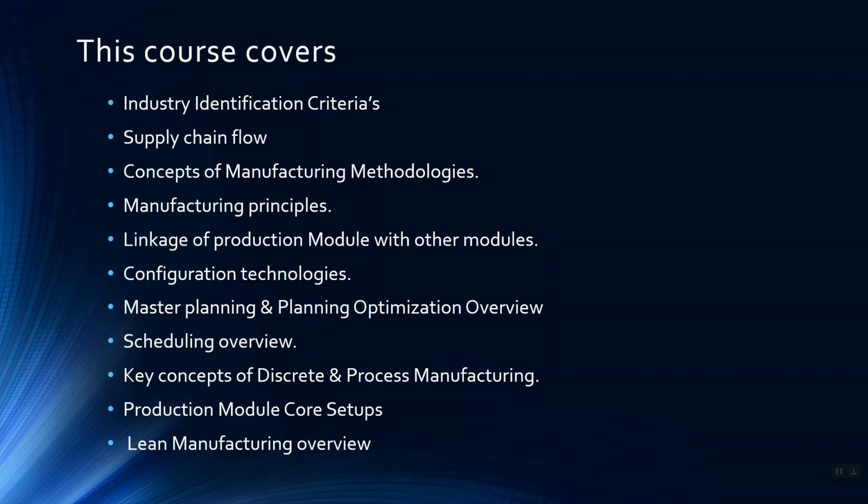We will also touch base upon master planning and planning optimization overview. In continuation to that, we will understand what scheduling is, and the key concepts of discrete and process manufacturing. This is really important for those who get confused between discrete and process manufacturing processes.